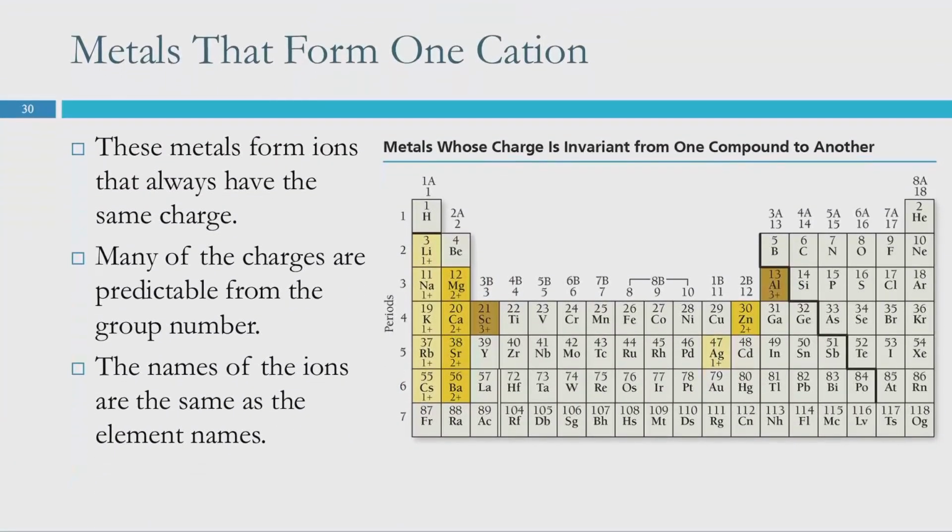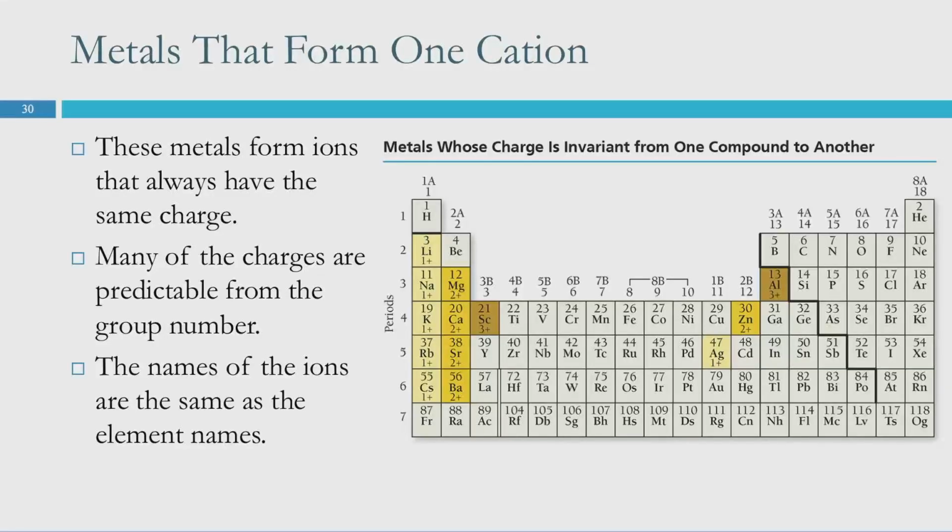Okay, so metals that form one cation are these ones. We've got our group 1A, our group 2A. We also have group 3A in here. And then we've got some weird ones: scandium, zinc, silver. Those are our transition metal elements.